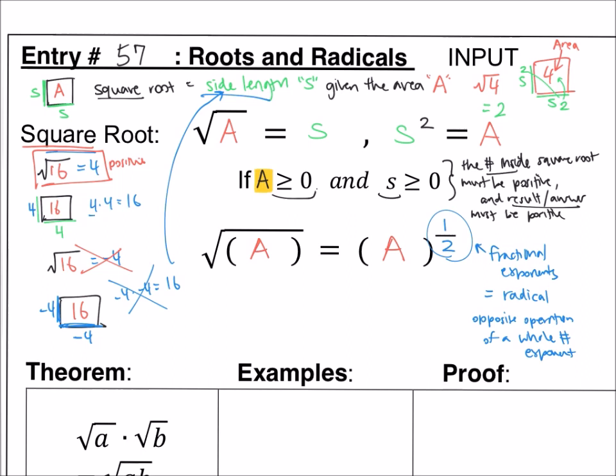So you can rewrite the square root of 4 as 4 to the 1/2 power, or the square root of 36 as 36 to the 1/2 power, where a to the 1/2 power is the inverse operation of a to the 2nd power.